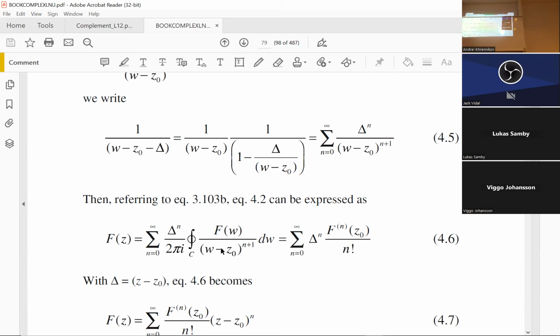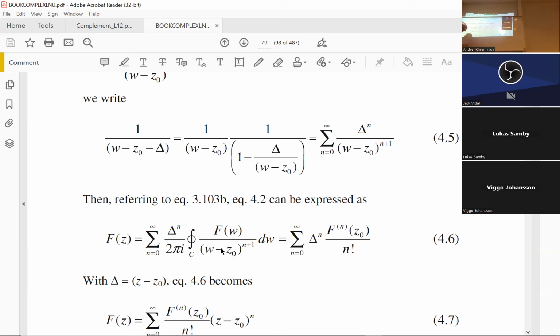Here they do this because before, this series was already exchanged. The integral should be here because this is equal to this, and it was under the integral, but they exchanged, and now this term is only in the integral. This delta does not depend on w, it is z minus z0.